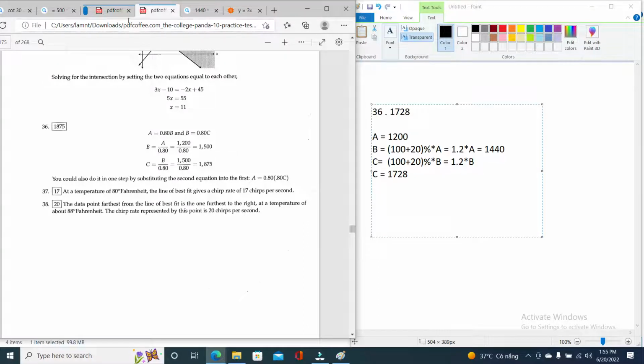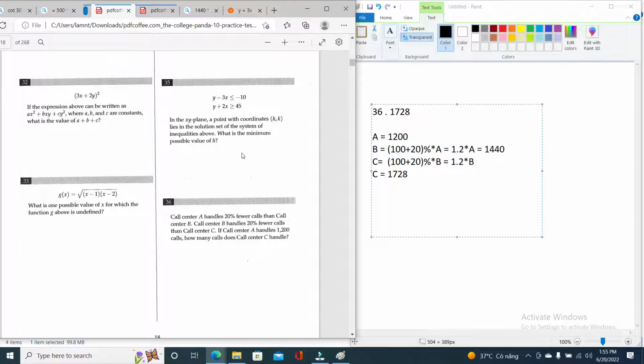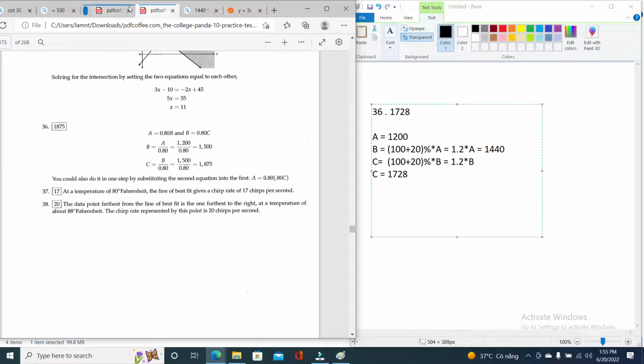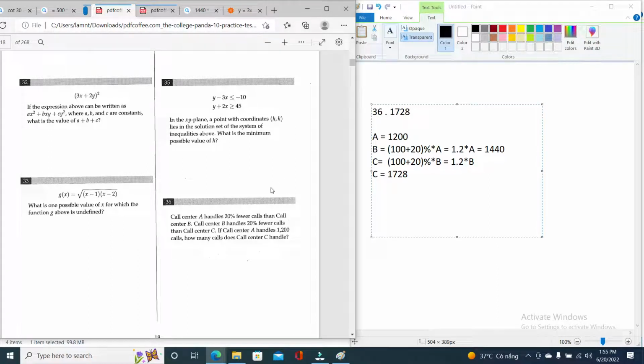So we are wrong. Okay, center A handles 20% fewer codes than center B. Okay, there's something wrong here.